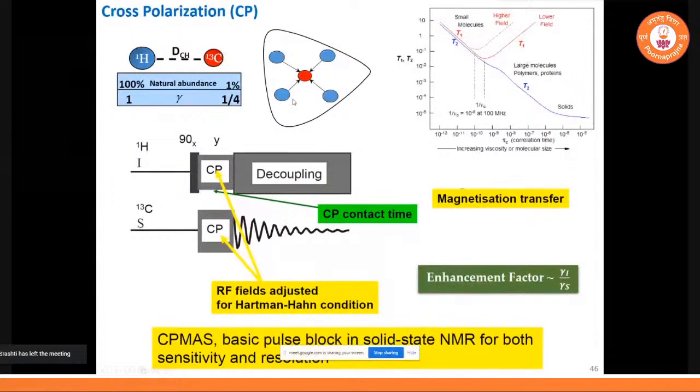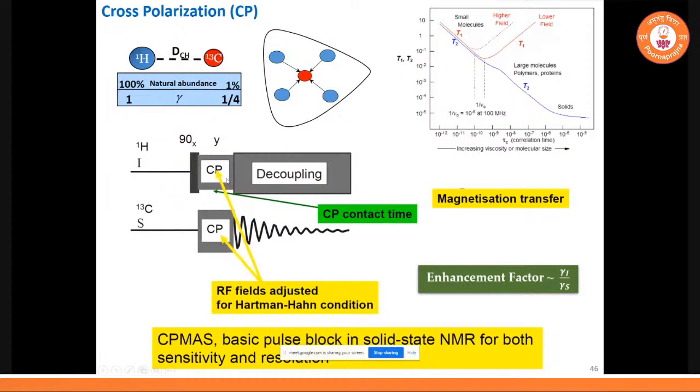Now, how do we address this problem? People thought, this carbon has very low abundance, whereas proton has 100% abundance. It is like carbon is a poor fellow, whereas proton is a rich fellow. Why can't he borrow some magnetization from proton? Yes, that is possible. I'm not going through the theory of that.